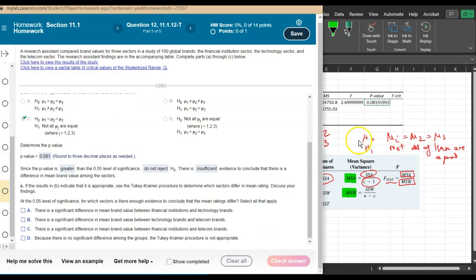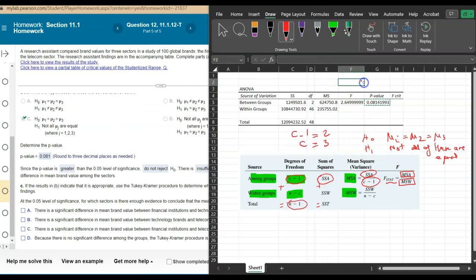It means that we're going to go with the null hypothesis. So this one would be true and H1 would be wrong. H0 is true, so we are going with the assumption that mu1 equals mu2 equals mu3.